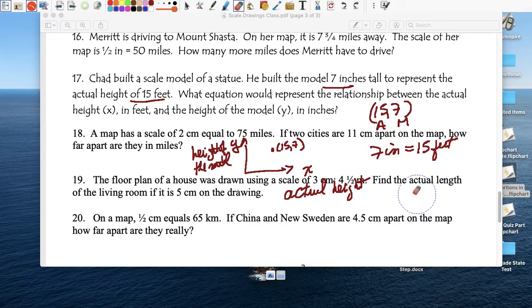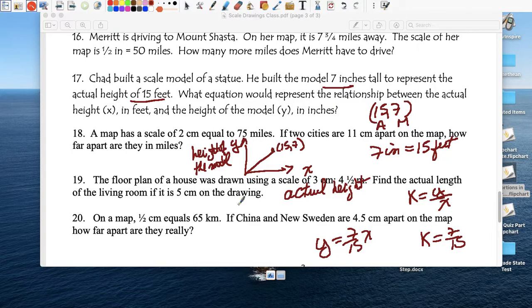Let me write that again. k is the constant of proportionality, right? So k is y over x. We have a point, and k equals 7 over 15. That becomes my unit rate. You can simplify that, but we're not going to do it. So the equation is y equals 7 over 15 x. They're not asking for the unit rate, so we're okay there.